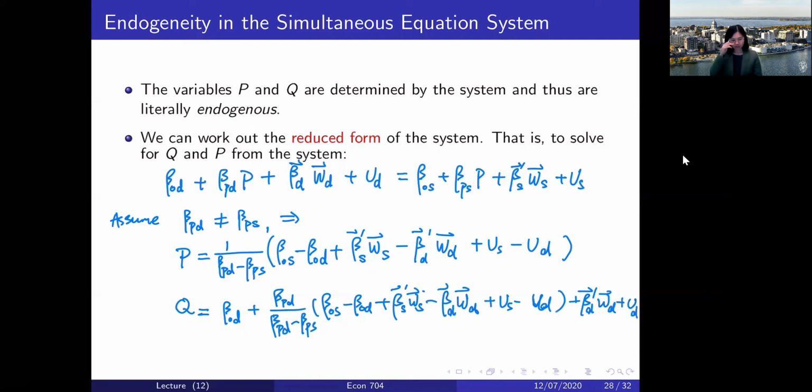Okay, and you can certainly simplify that to write it into a shorter form.